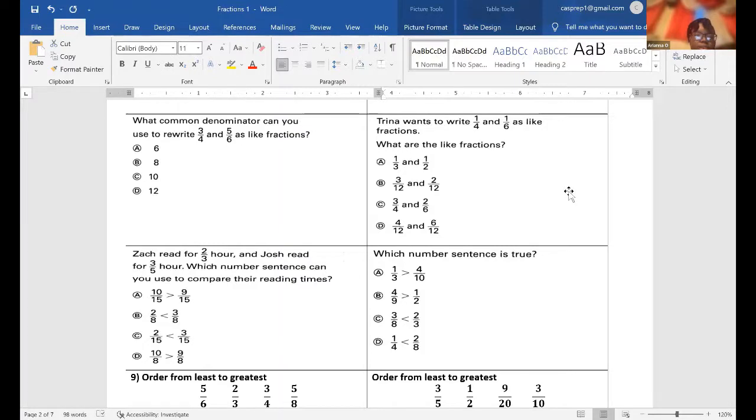So I multiplied 3 times 1, and you get 3, so it becomes 3/12. Then I did the same thing for 1/6, which is 2 times 6, which is 12, and 1 times 2, which is 2, and that becomes 2/12. Okay, perfect. Thank you for that.